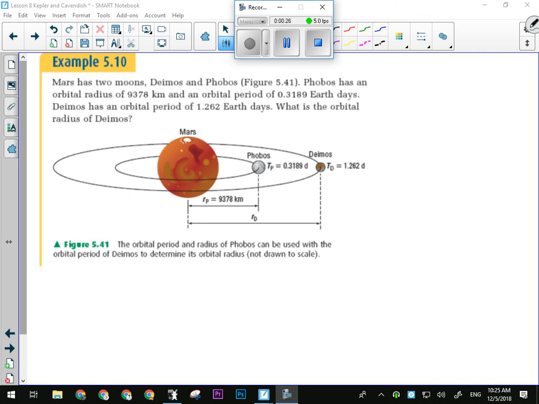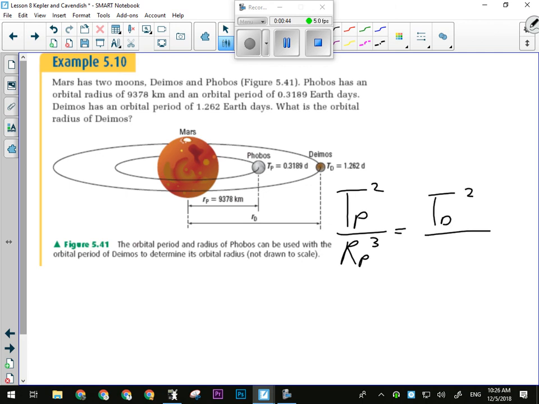So I know both pieces of information about Phobos, but I only know one piece of information about Deimos, so I can still calculate its orbital radius using this. So I'm going to have the period of Phobos squared over the radius of Phobos's orbit cubed equal to the period of Deimos squared divided by the radius of Deimos's orbit cubed.